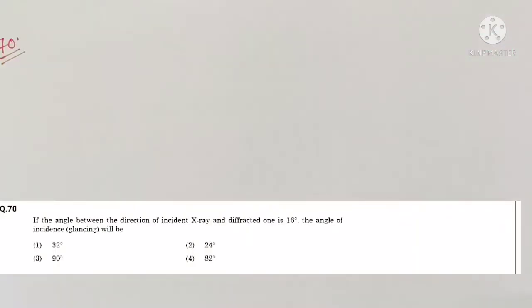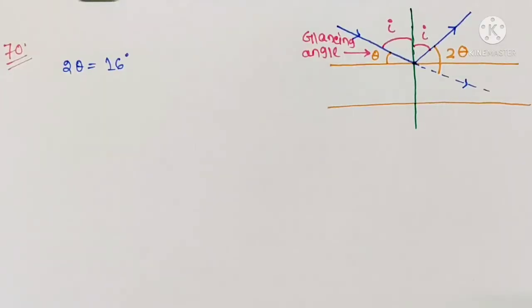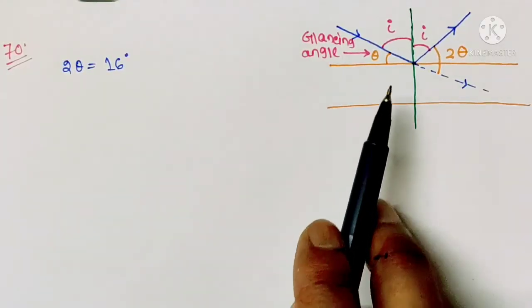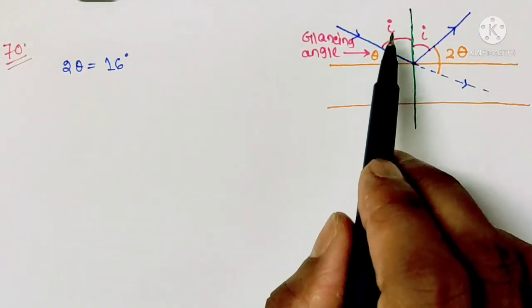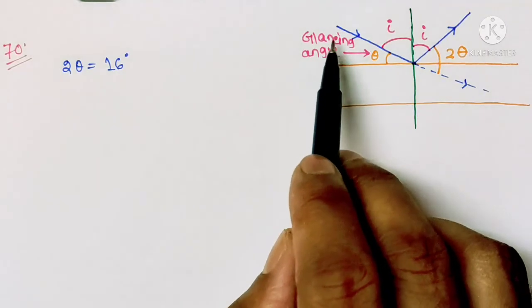Question number 70. If the angle between the direction of incident X-ray and diffracted one is 16 degree, the angle of incidence glancing will be. From the X-ray diffraction figure we have this one. I is the angle of incidence, and here another one is the glancing angle.